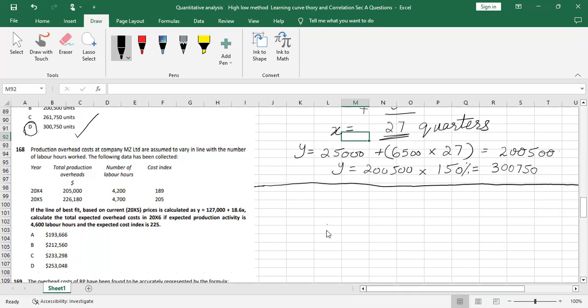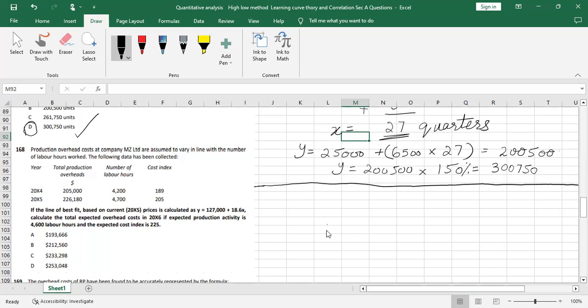Production overhead costs at company MZ Limited are assumed to vary in line with the number of labor hours worked. The following data has been collected. There are 2 years. Total production overheads are 205,000 and 226,180. Number of labor hours are 4,200 and 4,700.